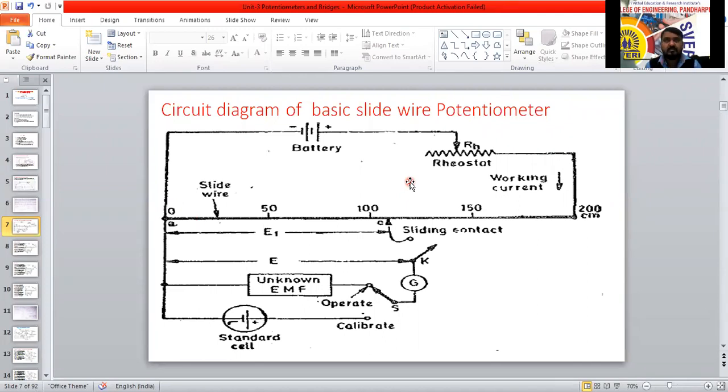It is an instrument with which we compare an unknown voltage with a known or standard voltage, or standard cell voltage. To measure the unknown voltage, we compare it with a standard voltage or standard cell voltage. Is it correct or not? We use it for calibration purposes.